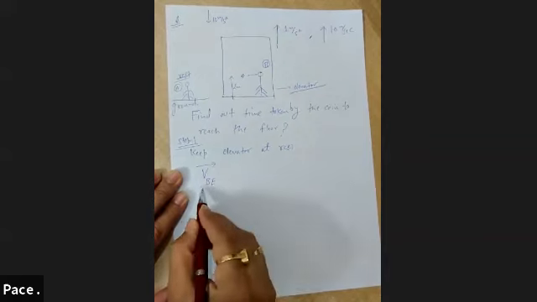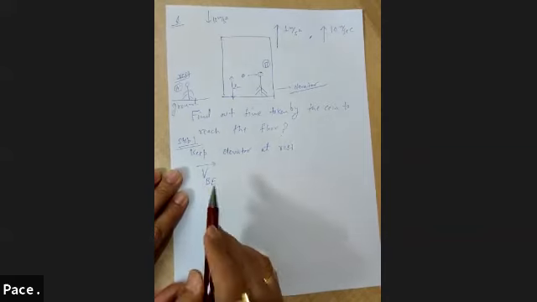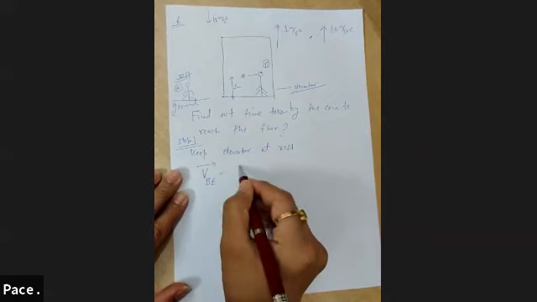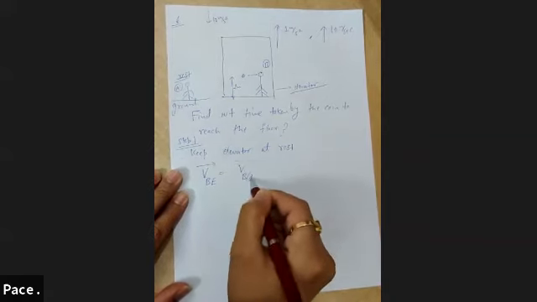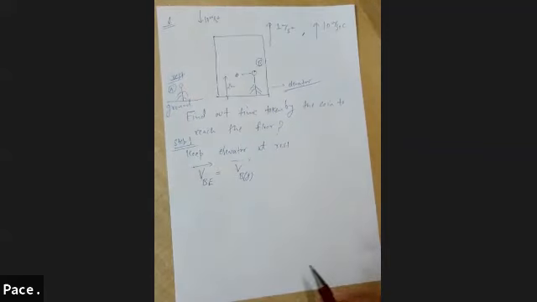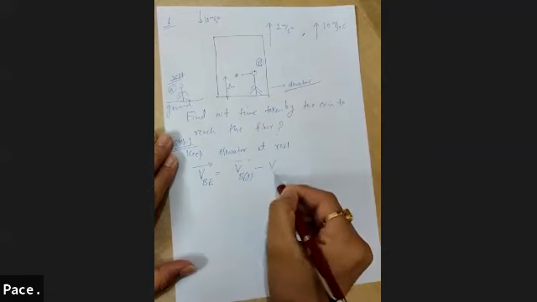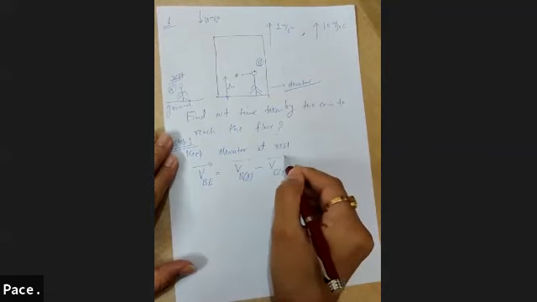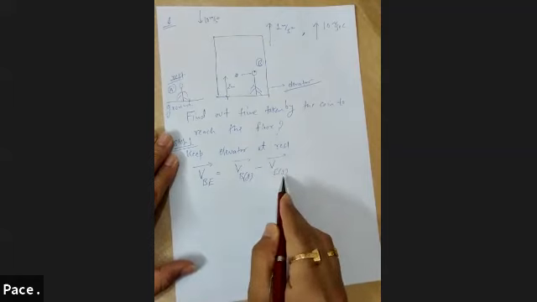What is this VBE? This is the velocity of man B with respect to the elevator. Using the formula which I told you in the last lecture, that would be the velocity of man B with respect to ground minus the velocity of the elevator with respect to ground.